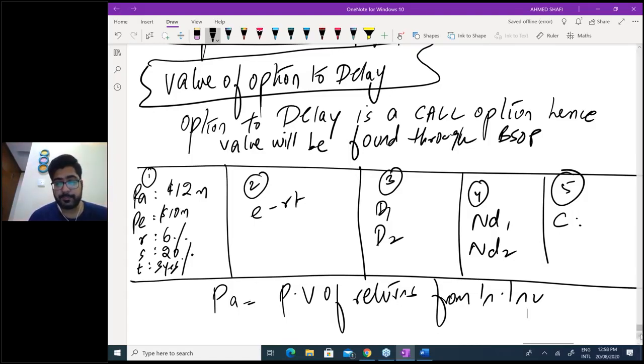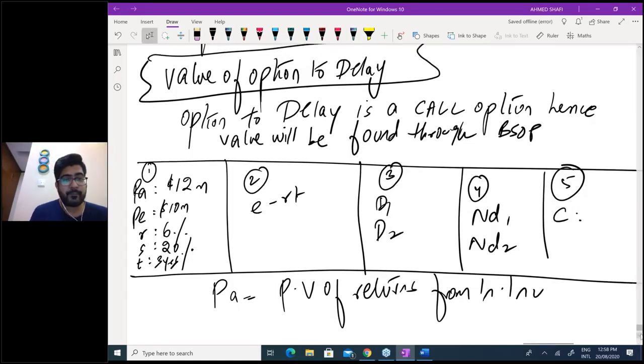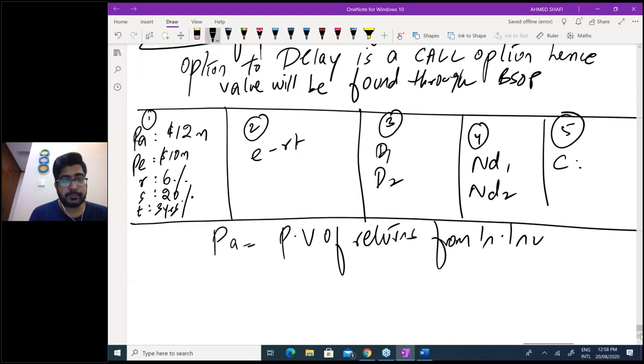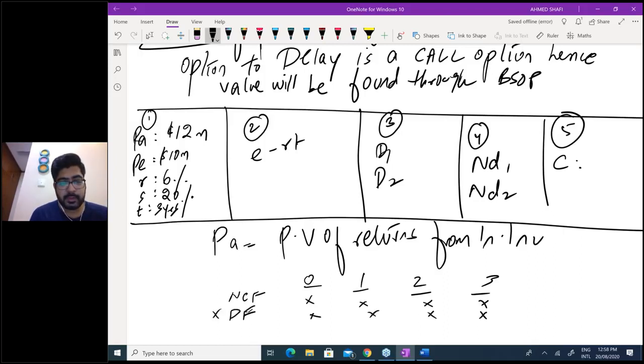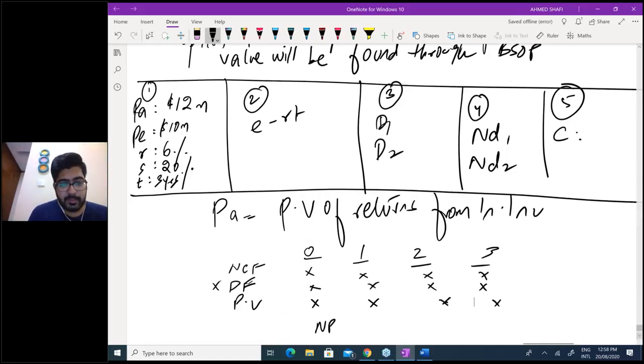Now let's suppose the project life is 3 years. And you get net cash flows multiplied by discount factor to get present value. And the net of all is NPV.